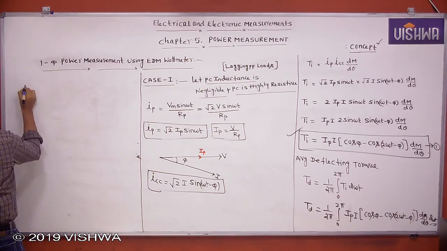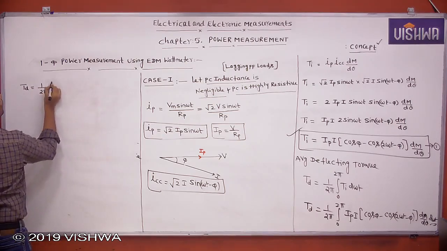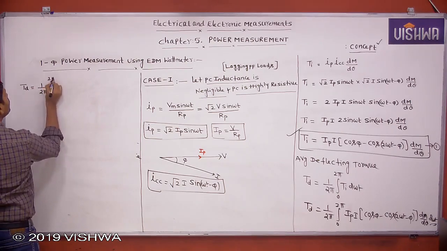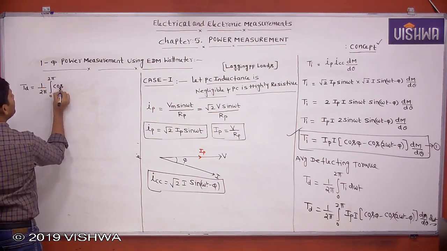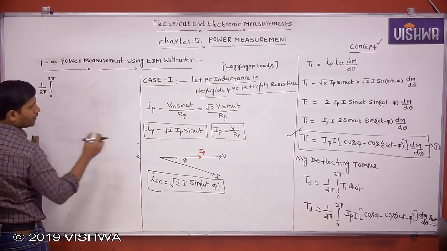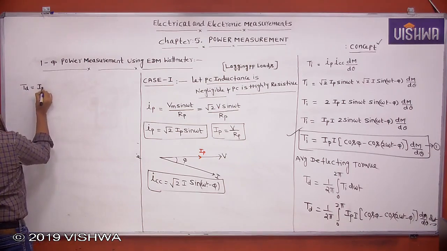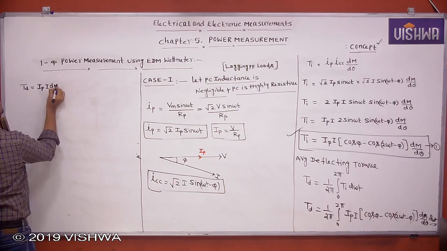Then what is the average deflecting torque TD equal to? You write 1 by 2 pi integral 0 to 2 pi. Bring out Ip into I into dM by d theta, which is constant.